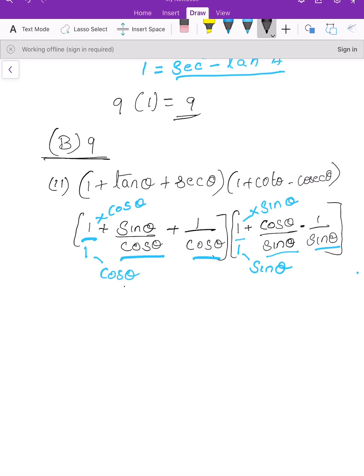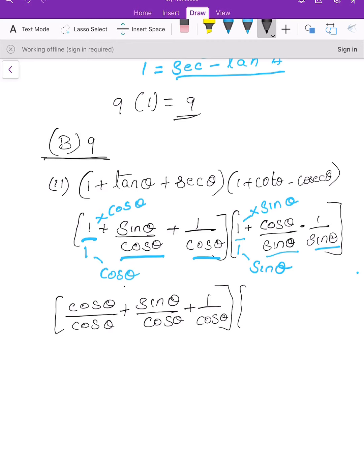So it is 1 into cos theta, that is cos theta by cos theta, plus sin theta by cos theta, plus 1 by cos theta.